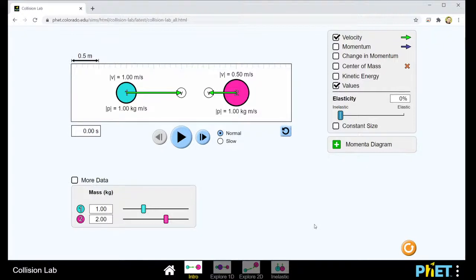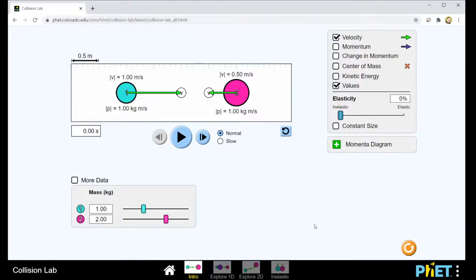So, what is the total momentum of the system for this situation? And what's going to happen after they collide and stick together? What's going to happen when they collide?